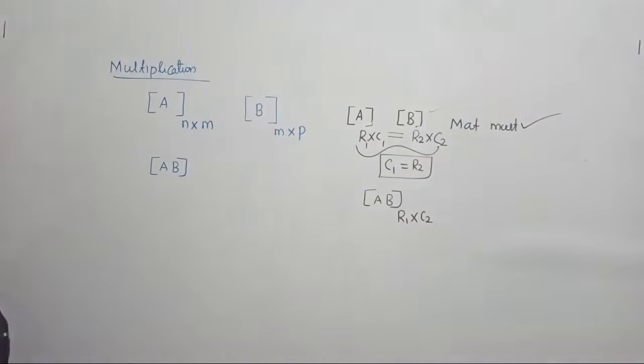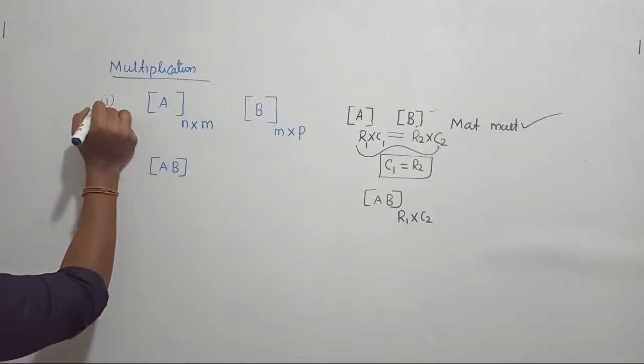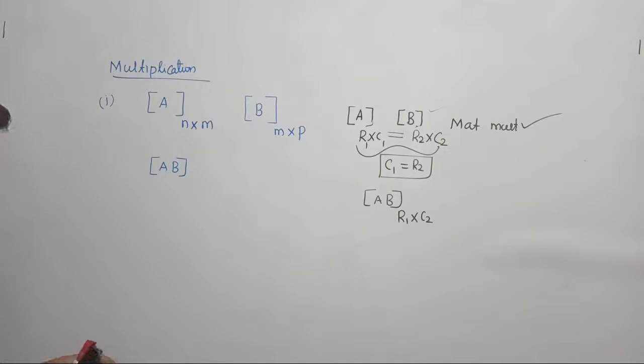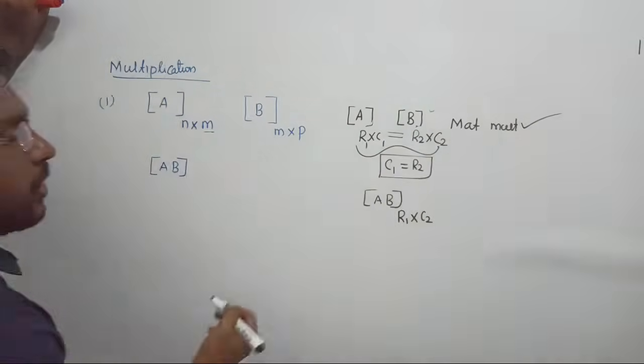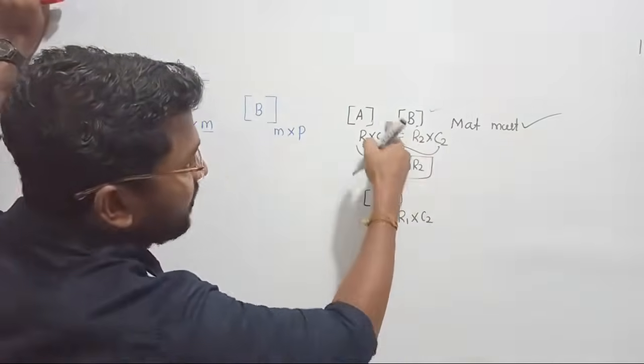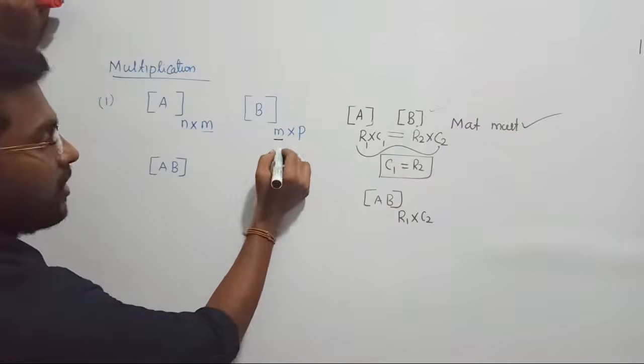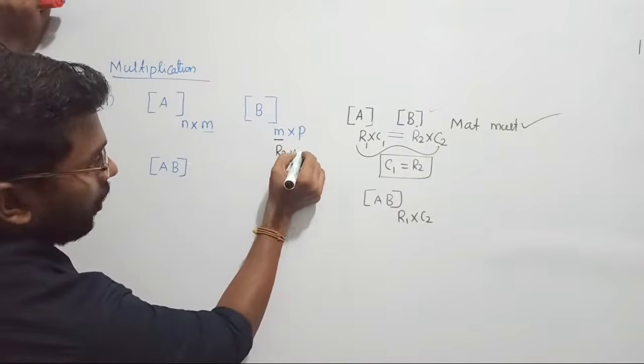Clear? I hope things are clear to you all. Now take this one. Give an example. Can you do the matrix multiplication for this given function? I have to check. Shall we check? See, the number of columns in the first matrix is m. The number of rows in the second matrix is m. Write it as row into column.